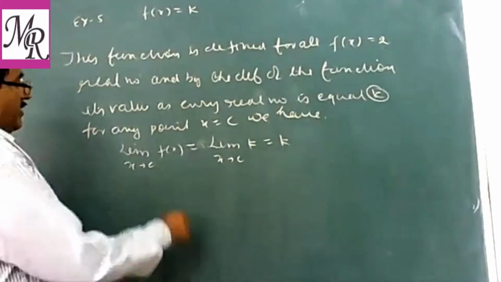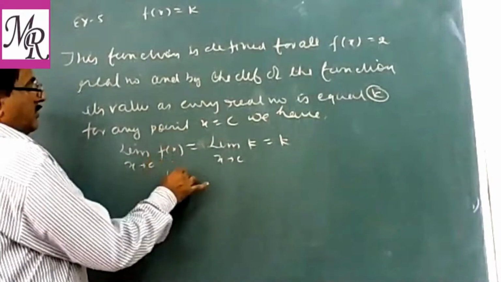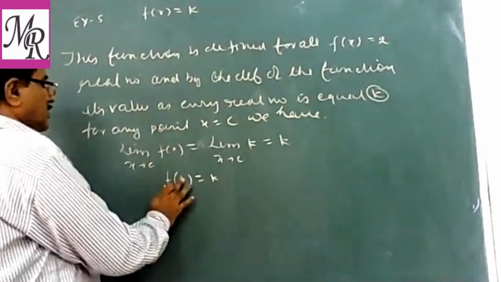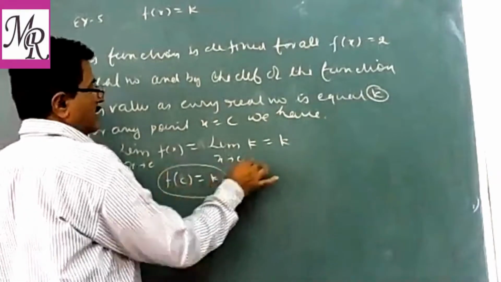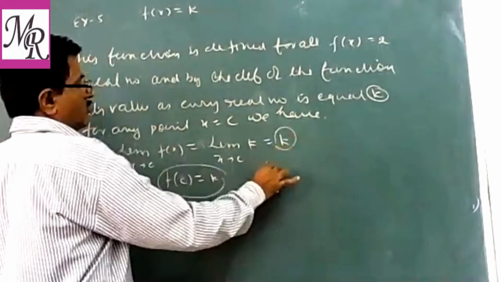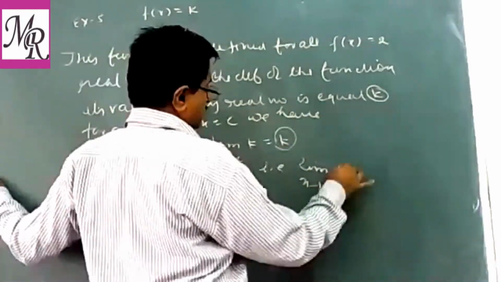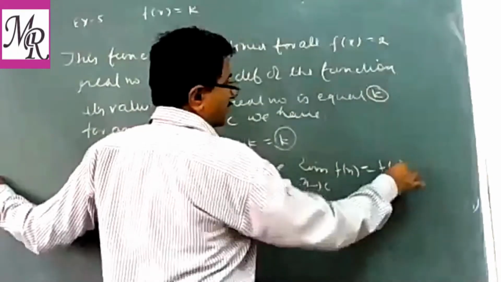Now the value of the function, that is f(c), if you put x equal to c, also remains k. So what we get: the value of the function and the limit both are equal. That is, limit x tends to c, f(x) equal to the value of the function.